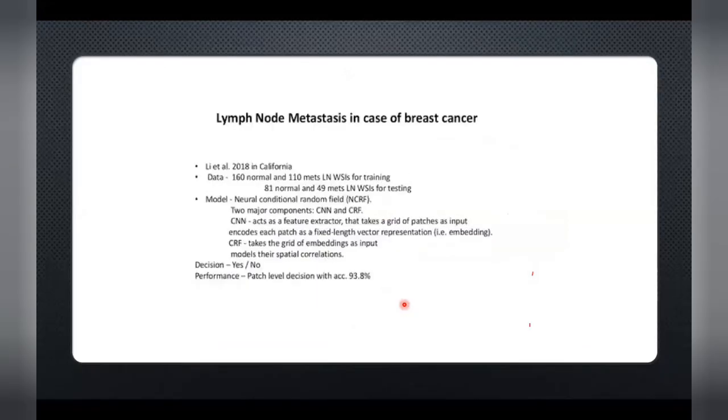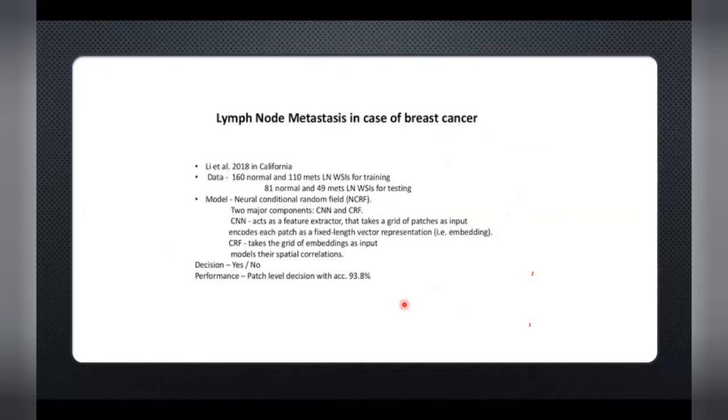Now, this is a very important AI development which happened in 2018 in California. It uses the Google platform. You must have heard of it. There, 160 normal and 110 metastatic lymph nodes had whole slide imaging done for training.